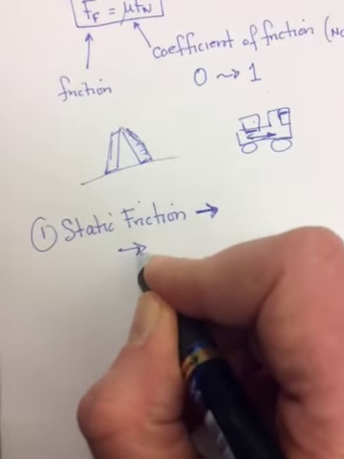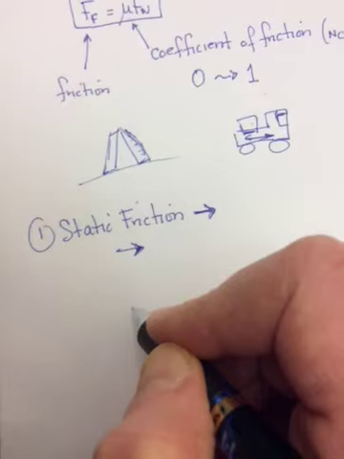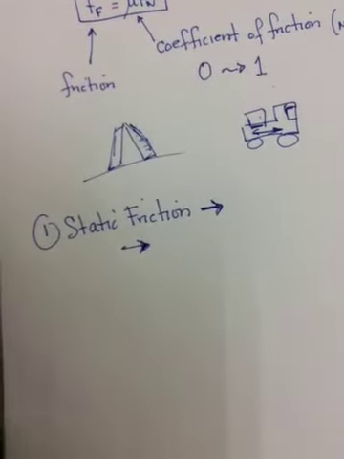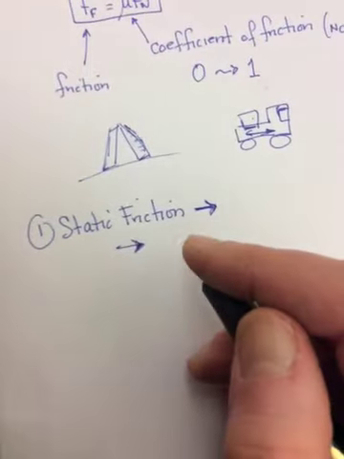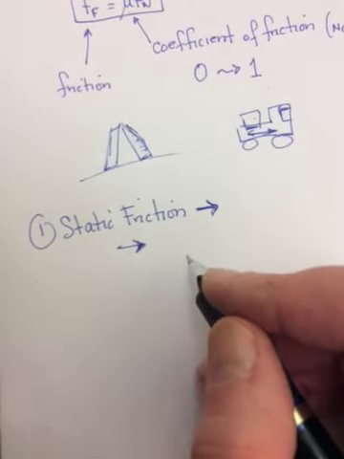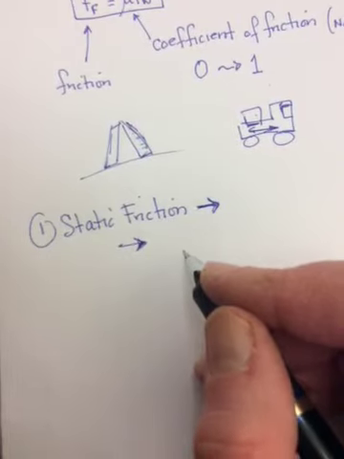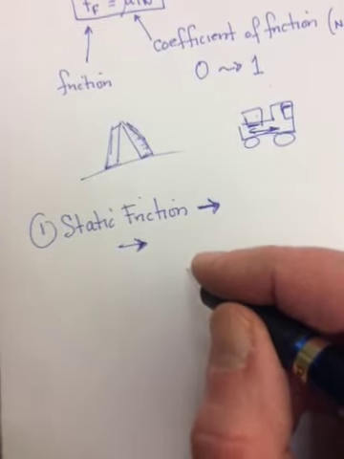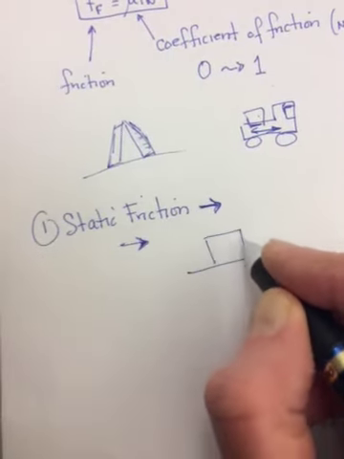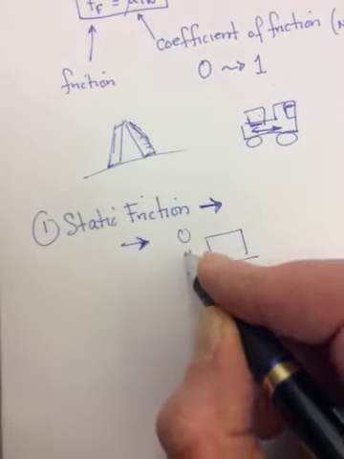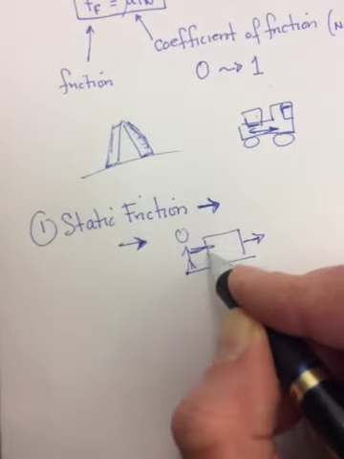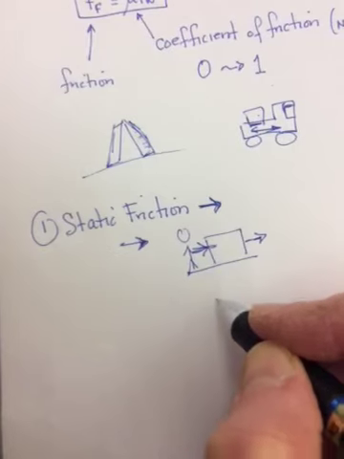It's also the friction that you must overcome in order to start the object moving. Really, it's the friction that prevents the object from moving when you push on it. So here's your box, here you are, you're pushing on the box with all your might, but the box isn't moving.